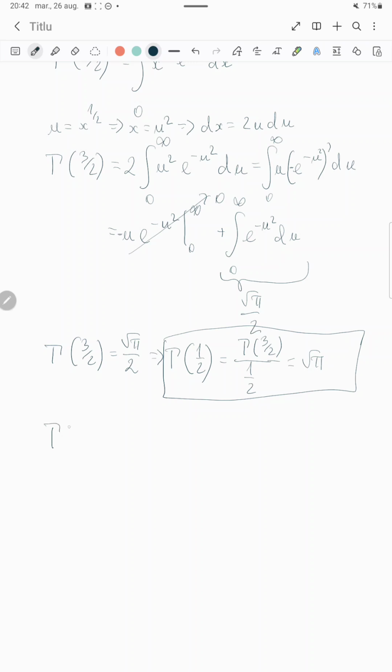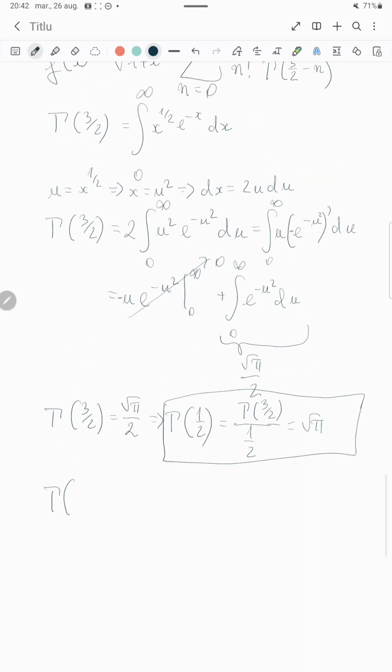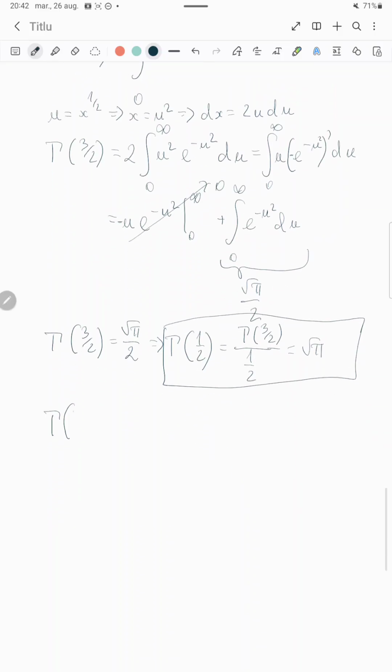Why? I'm just going to show you immediately. So for 3/2 minus 2, gamma of minus 1/2 is going to be gamma of 1/2 over minus 1/2, which is going to be minus 2 square root of pi.